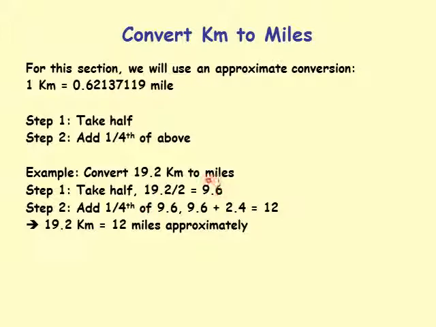One fourth of 9.6 is 2.4. 9.6 plus 2.4 is 12. So when we converted 12 miles, we got 19.2 kilometers, and when we convert 19.2 kilometers back, we get 12 miles, and we did not use a reversal here. So 19.2 kilometers is equal to 12 miles approximately.